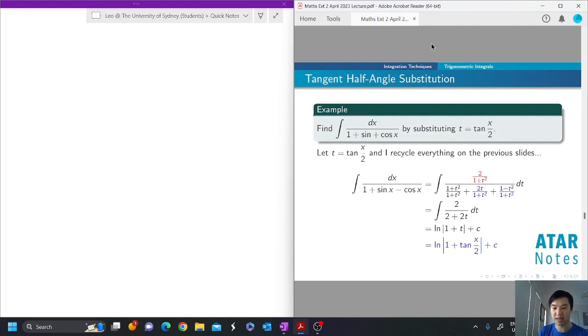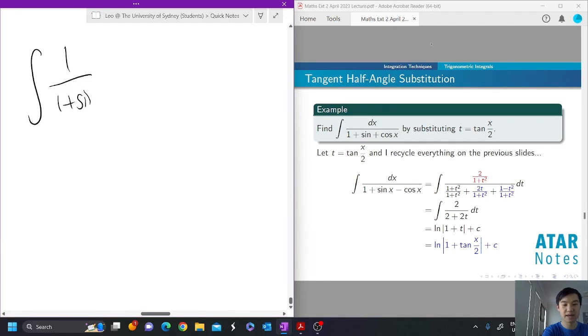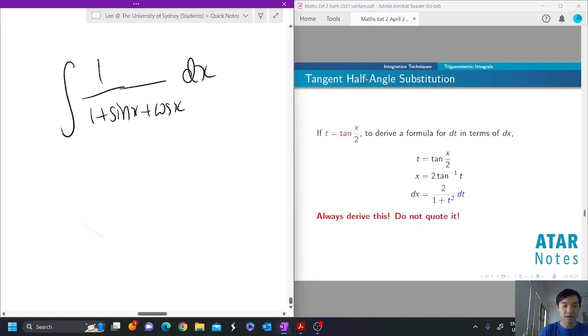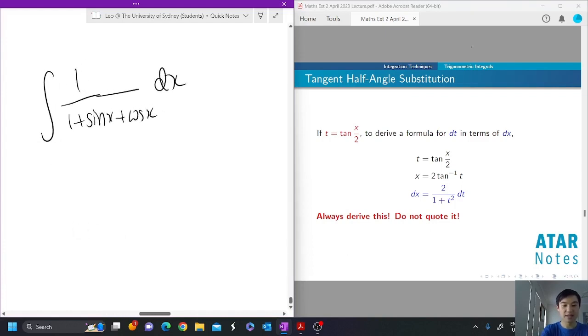So let's say we wanted to integrate 1 over 1 plus sine x plus cos x with respect to x. In this case, we can let t be equal to tan x over 2.